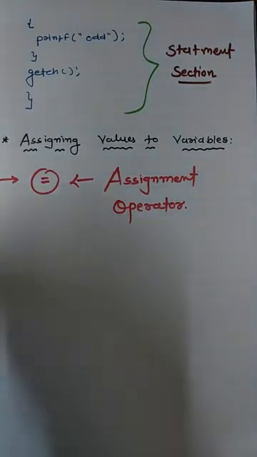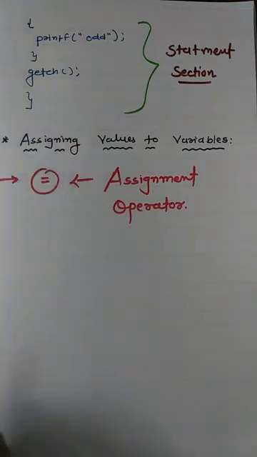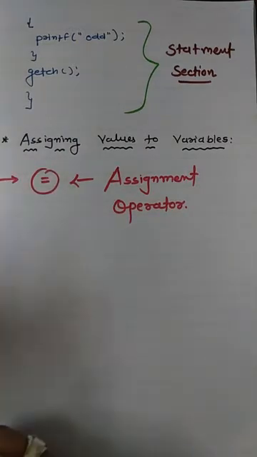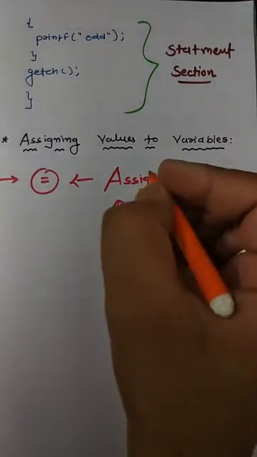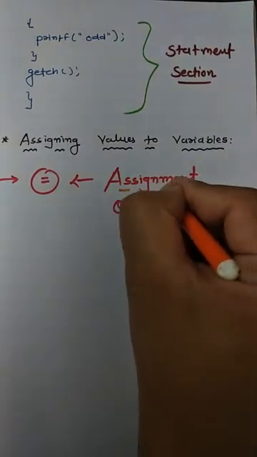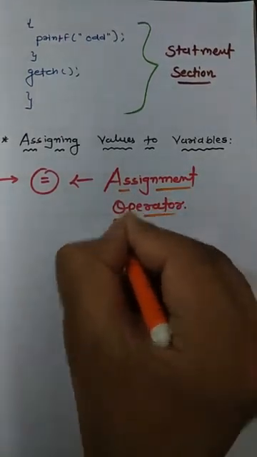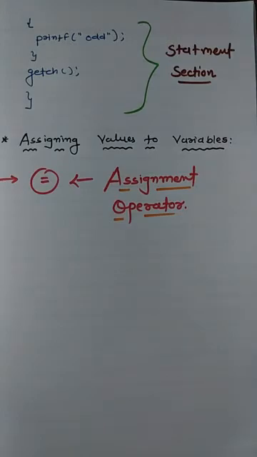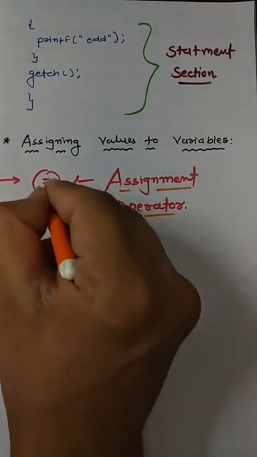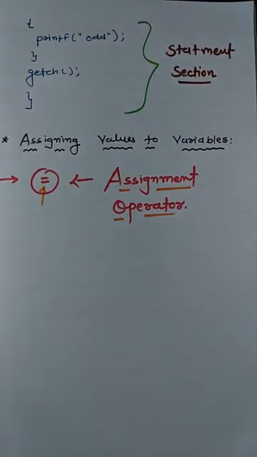Okay, it means to assign the value, we have to use the assignment operator, that is is equal to. So is equal to is the assignment operator.